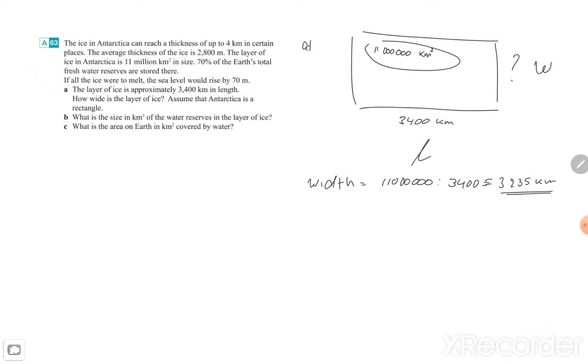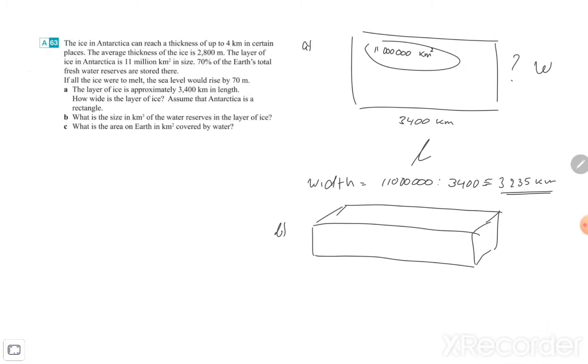B. What is the size in cubic kilometers of the water reserves in the layer of ice? Now, if we look at exercise B again, I'm just going to make a sketch of the situation. There you go.